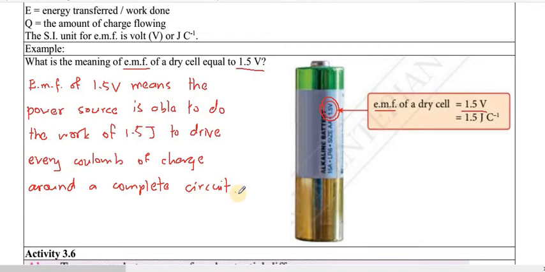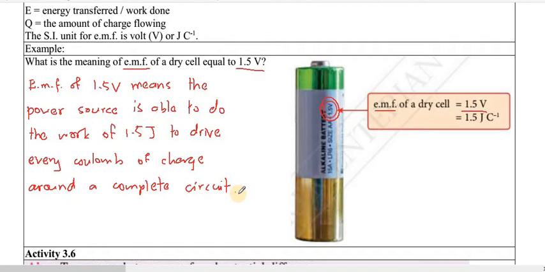Okay, electromotive force or EMF of 1.5 volt means the power source is able to do the work of 1.5 joule to drive every coulomb of charge around a complete circuit.